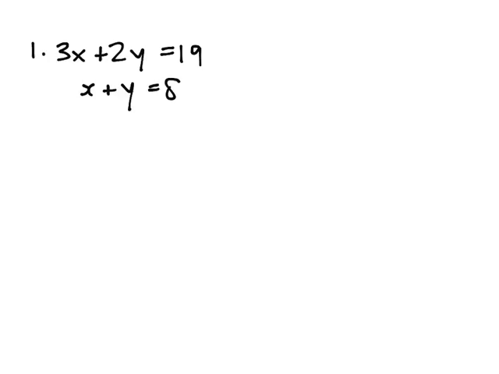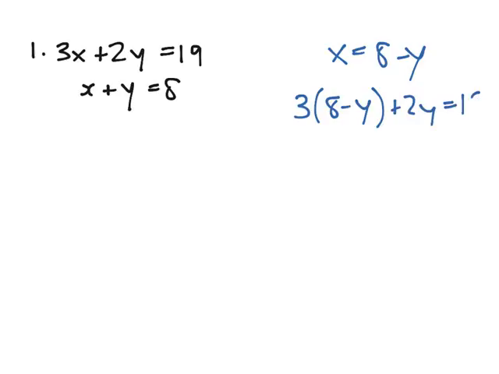Here are two equations. 3x plus 2y is equal to 19, x plus y is equal to 8. If we do this by substitution, we would have to do x is equal to 8 minus y, plug that into the first equation, 3x plus 2y is equal to 19.